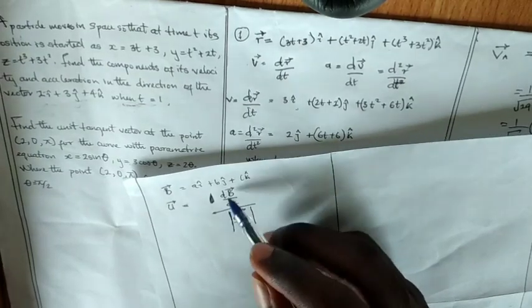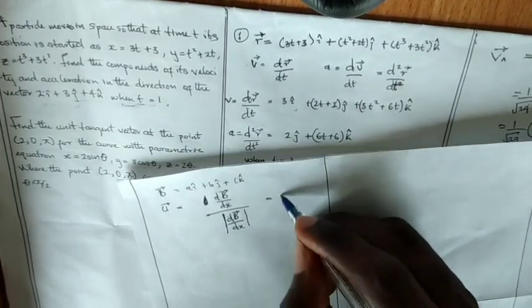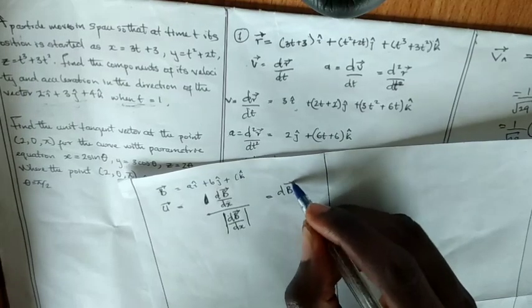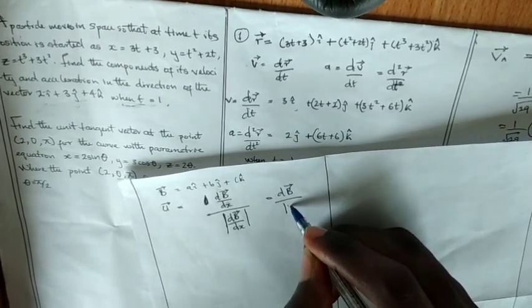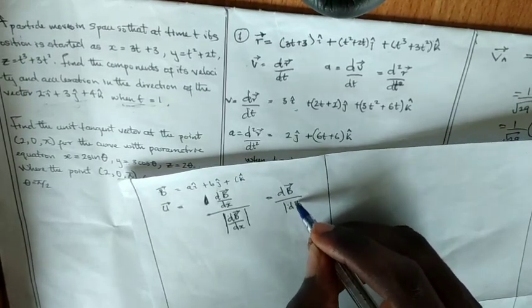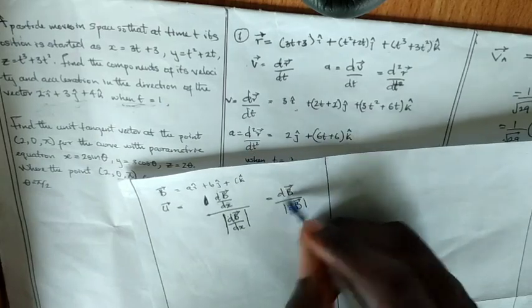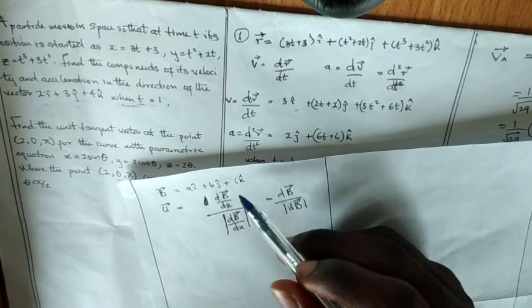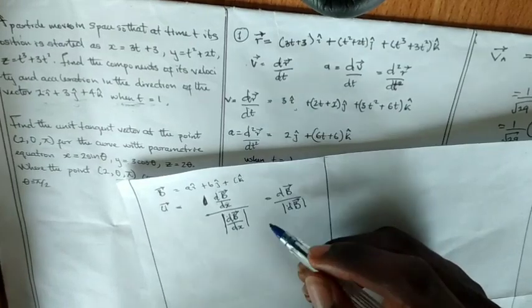We can put it simply as this: db over modulus of db. Now the derivative here is taken with respect to the independent variable. We'll see that in example 2 here.